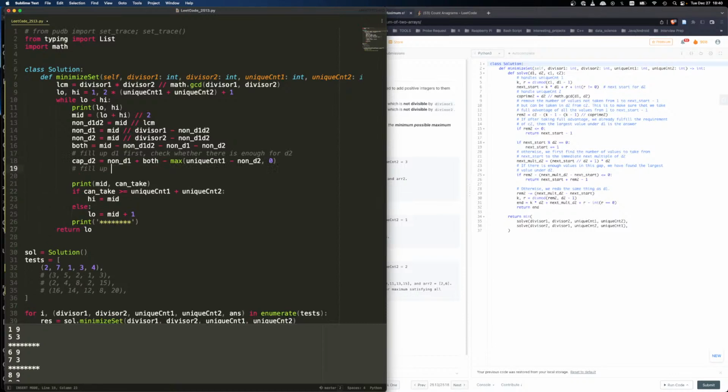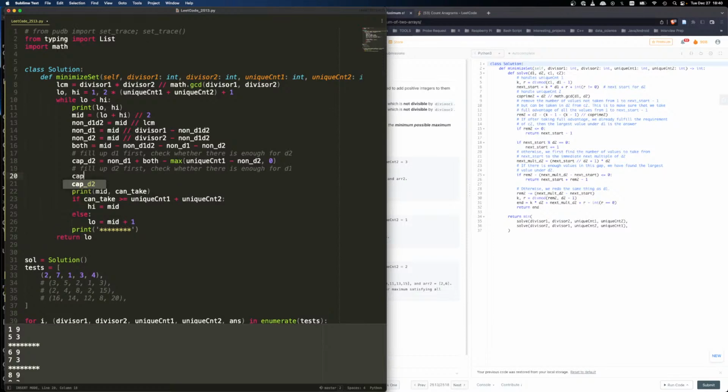And then we say fill up d2 first and check whether there is enough for d1. How do we do that? So we say capacity d1 shall be none d2, so that's the d1 plus both minus the maximum of unique count 2 minus none d1 and 0. Okay.